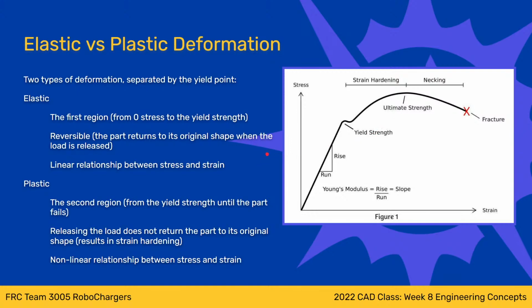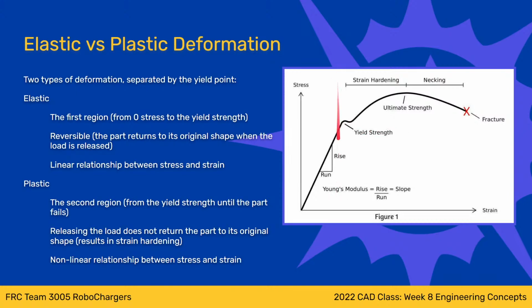Okay, so we talked about the yield strength, and we talked about how before we reach the yield stress, the part will return to its original shape after we release the stress, right? We release the load. So essentially, we can divide this chart into two regions.